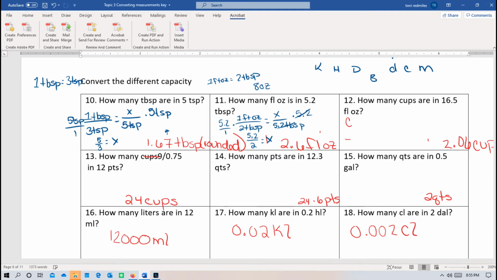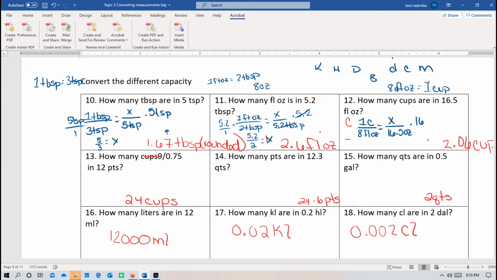How many cups are in 16.5 fluid ounces? So 8 fluid ounces equal 1 cup. I want to know cups, so I'm going to put my cups on top. And on the bottom, I'm going to put my fluid ounces, so 8 fluid ounces. And I know fluid ounces for this situation, so I'm going to put it here with an x.